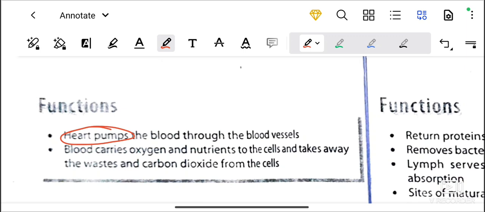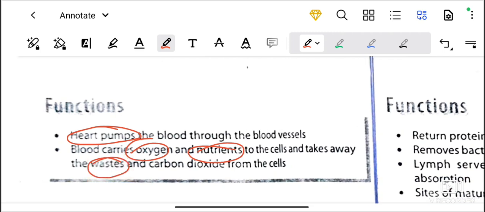The blood carries oxygen and nutrients to the cells and takes away waste products and carbon dioxide from the cells.